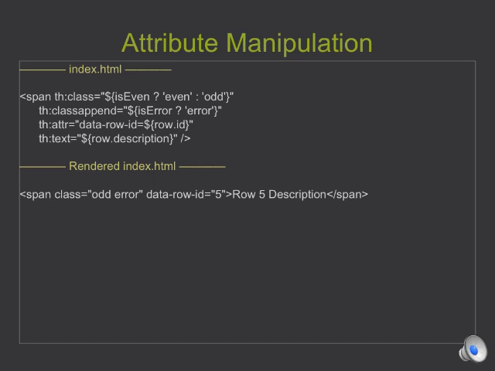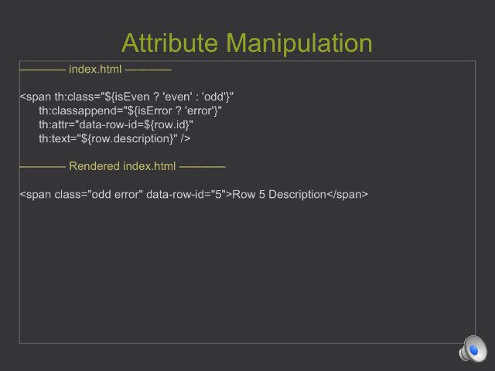We're expecting that the controller provided some objects in the model: isEven, isError, and row. Those are three things that we'll just assume some controller set. And so what we're doing here is defining the class of this span based on that isEven attribute. If that's true, then we'll mark it as even. Otherwise, we'll mark it as odd.